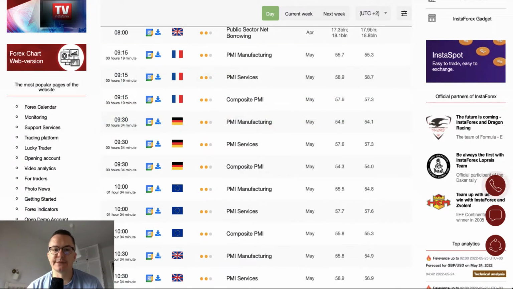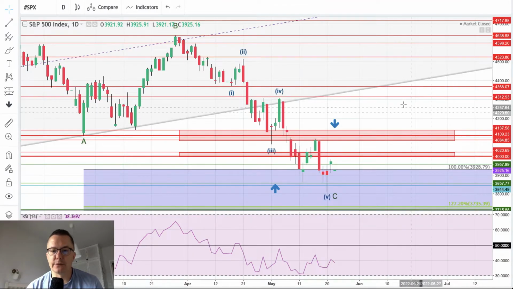However, let's start with something different. Let's start with the S&P 500 index. The daily time frame chart of the S&P 500 index is showing us another push to the downside below the level of 3,857 points. The actual low was made at 3,810 points, just a little bit below last week's low, and this is now the low for wave 5 and the low for wave C. However, so far the key technical resistance, the zone between 4,084 and 4,137 points, has not been violated.